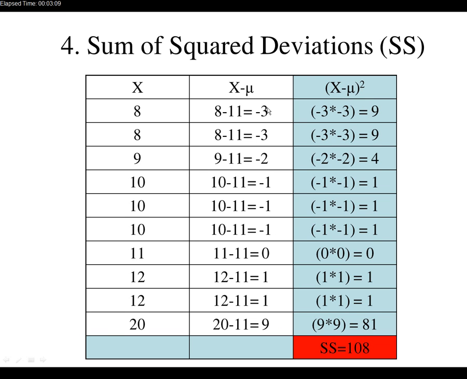Why do we square them? Because we remove the signs. Okay, and so we square. Negative 3 times negative 3 equals 9. Negative 3 times negative 3 equals 9, etc. And then we add them up to get the sum of squares. So all these numbers equal 108.